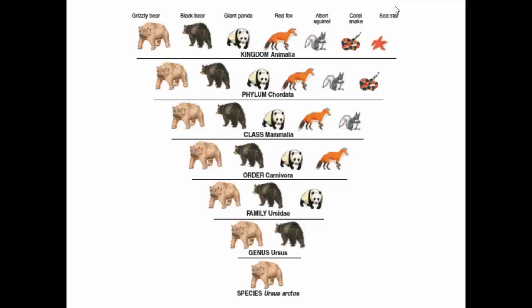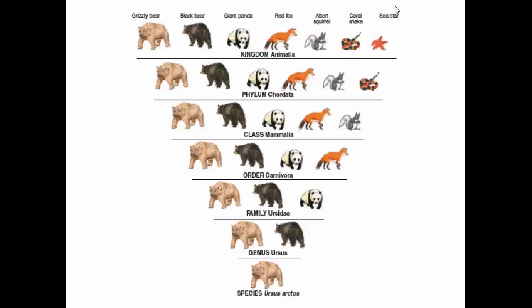Class Mammalia. These are the mammals. So what did we get rid of? The snakes. These are all mammals, and so now we're getting more similar to each other. We know mammals have certain characteristics. If we go another step down, Carnivora. These are a group of mammals that are often meat eaters and have canine teeth. And so again, the squirrel's out. The squirrel is a rodent.